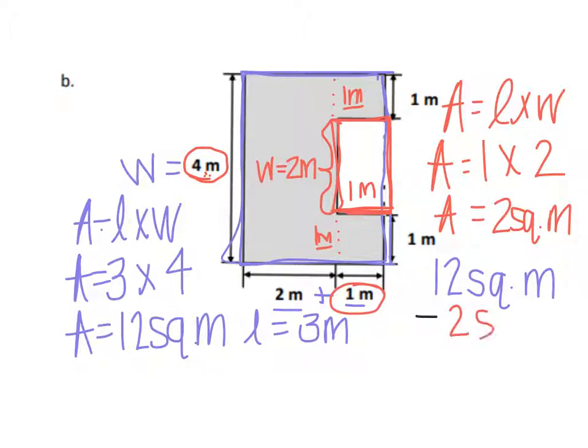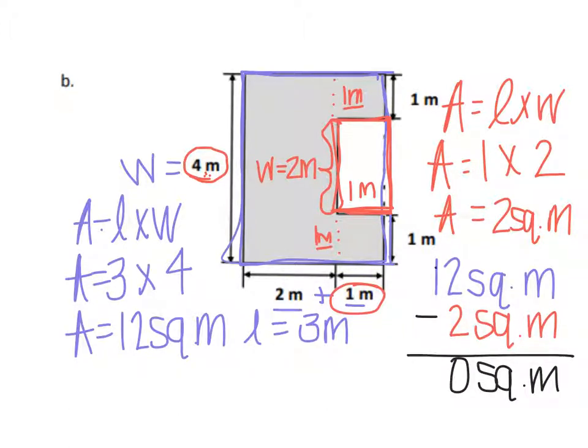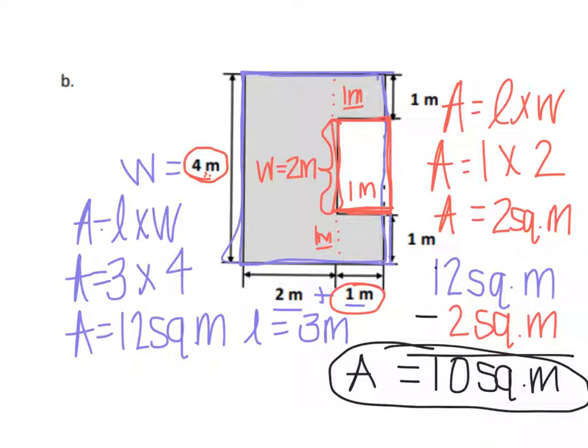So that's going to be 2 square meters taken away. So 12 minus 2 is 10. So the total area of the shaded figure is 10 square meters. Challenging, I know, but we did it.